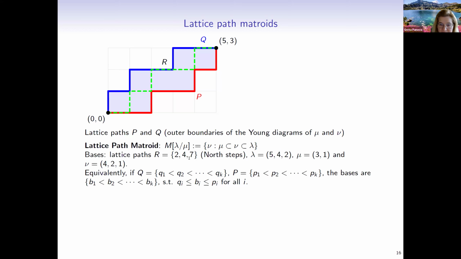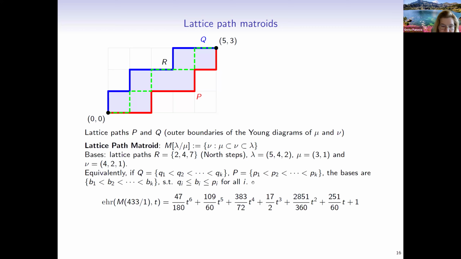So you have 2, 4, 7. You can, of course, write down P and Q as sets as well. Written as sets like this, the bases are just the sets whose entries are sandwiched between the Q's and the P's; this inequality is satisfied.